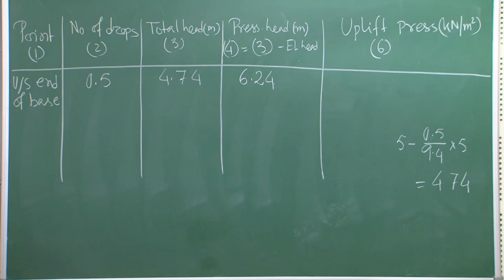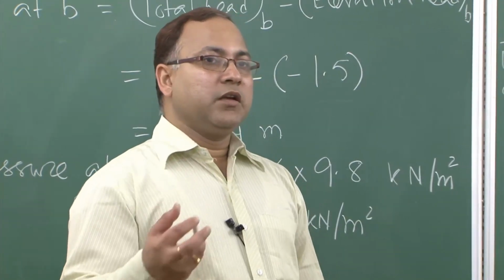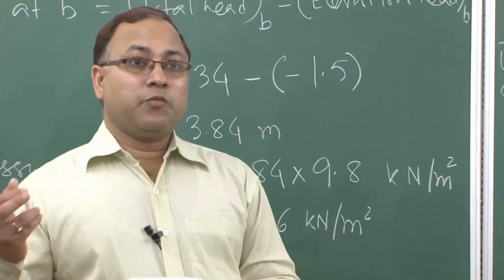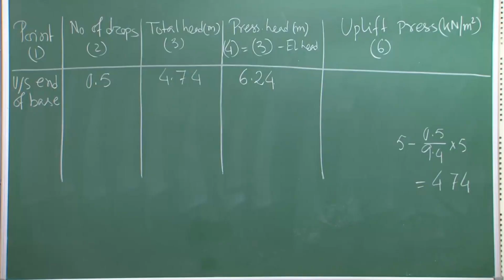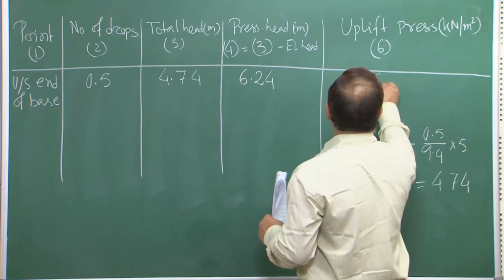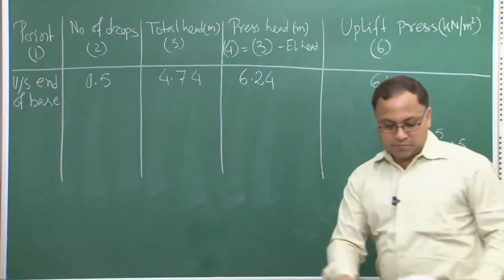Minus 1.5, because all the points are lying 1.5 meter below the datum. So, the elevation head is minus 1.5 for all the points along the base of the dam. So, 6.24, and finally, your pressure is 61.1.